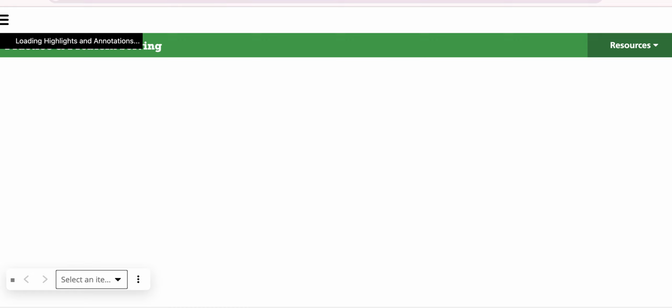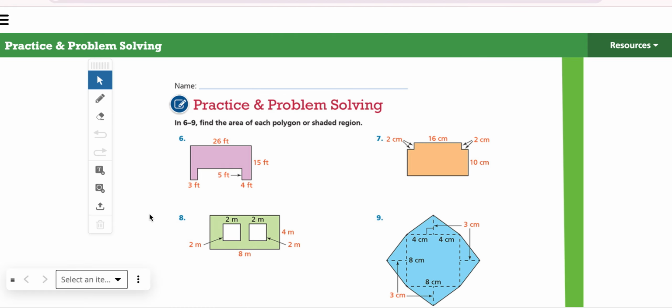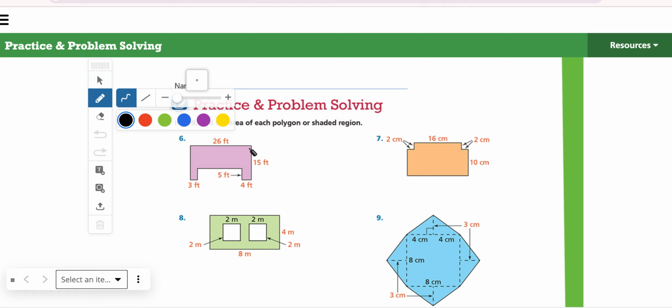Okay, next page. Okay, so now this is your practice. So we're just going to go over it. I'm going to set up the areas for you, but you're going to have to finish it up. Okay, and remember there's more than one way to do this, but we're going to look at this one over here. And here I can see that I can break it into a little rectangle right here.